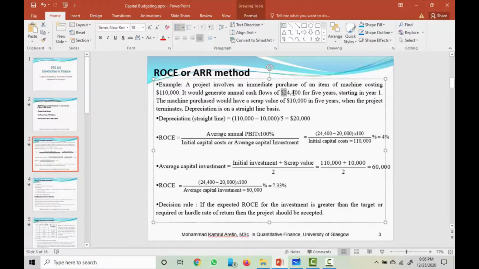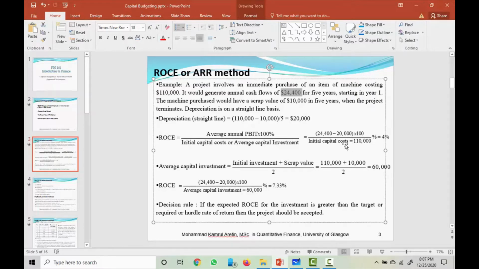For example, if depreciation is the only expense, we deduct it: 24,400 minus 20,000. This is the profit before interest and tax. We multiply it by 100 to get the percentage figure.